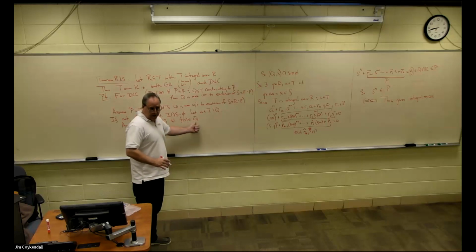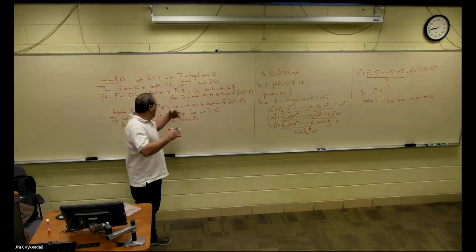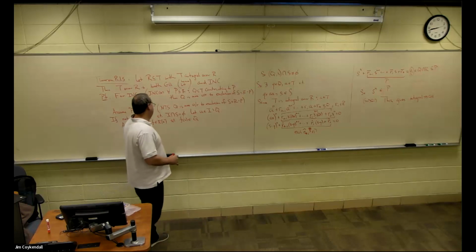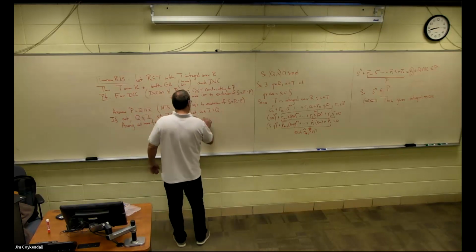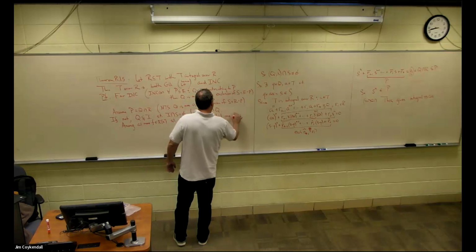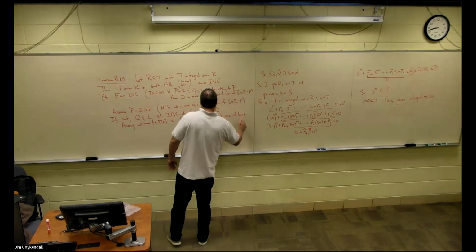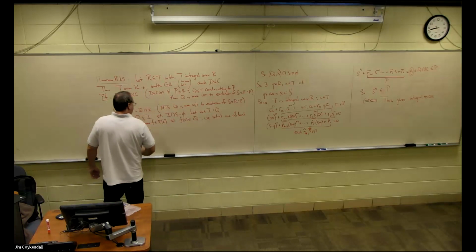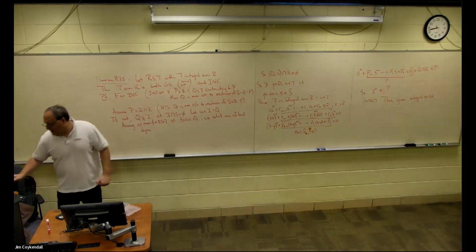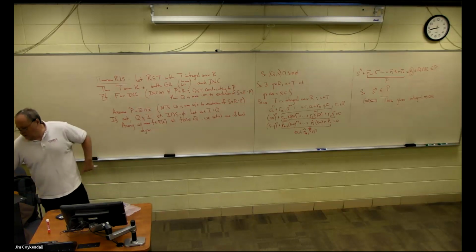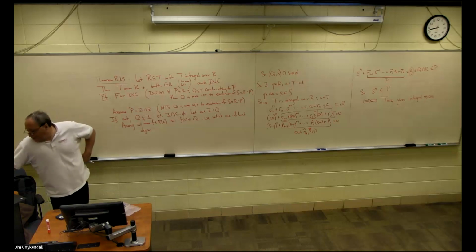And among all monic polynomials such that this is in Q, we select one of least degree. So F of U is in the ideal Q, and no monic polynomial of smaller degree has this property.